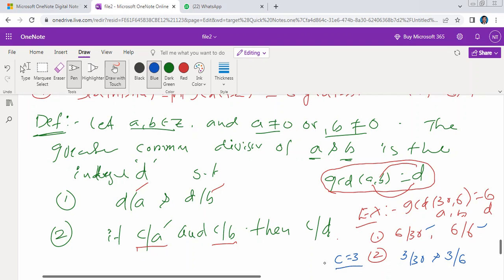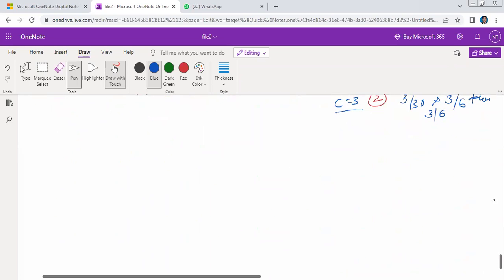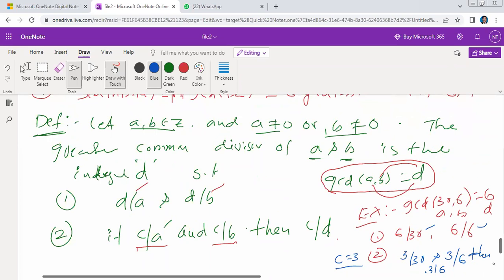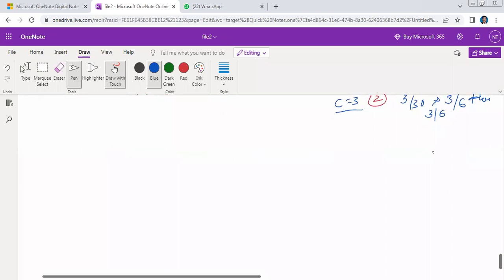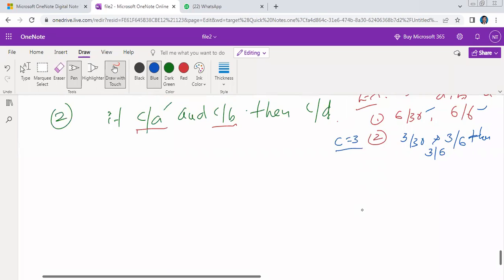My number is c; c divides 30 and c divides 6. Then 3 divides 6. Yes, this is the property. Our questions come based on these properties, and we will also tell you how they are asked. So when c is equal to 3, 3 divides 30 and 3 divides 6, then this 3 must divide d. This is the rule.